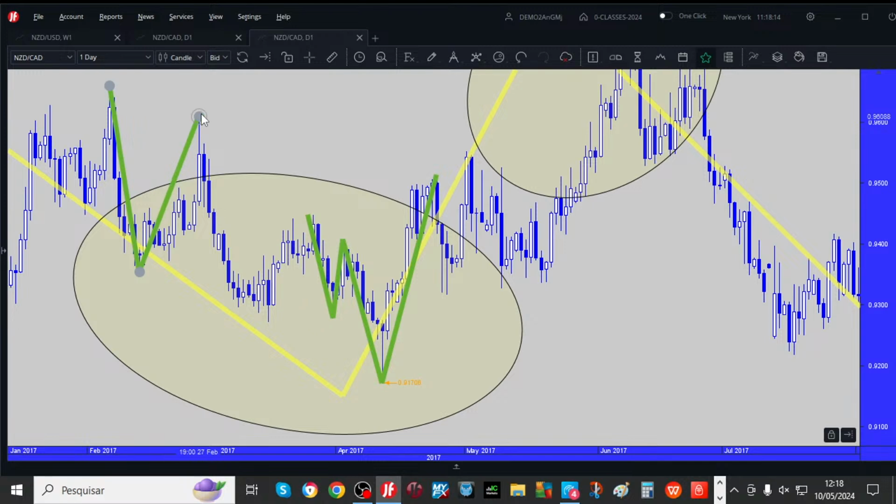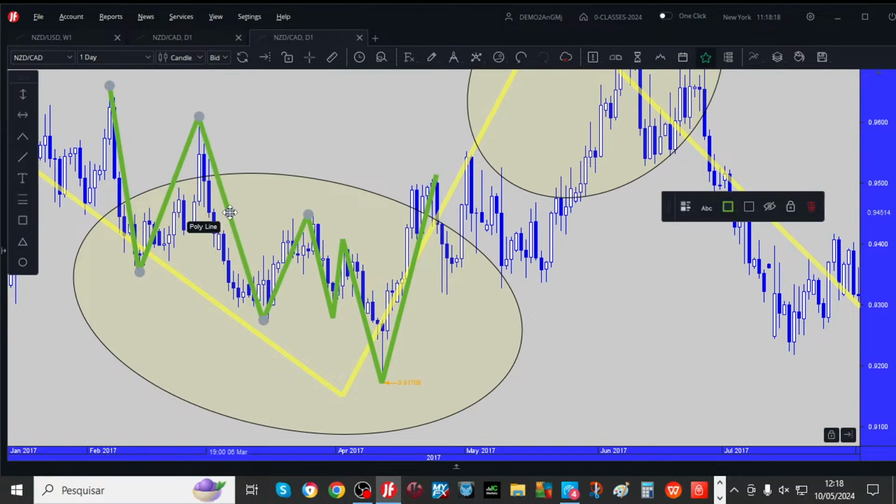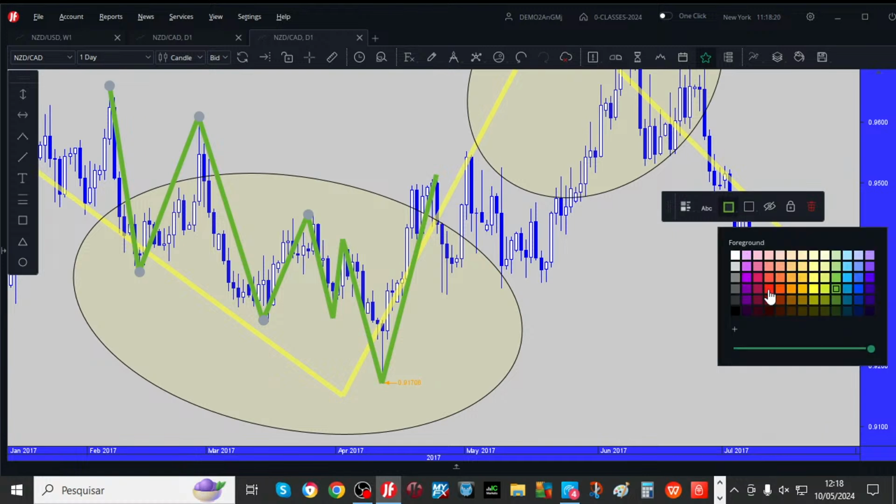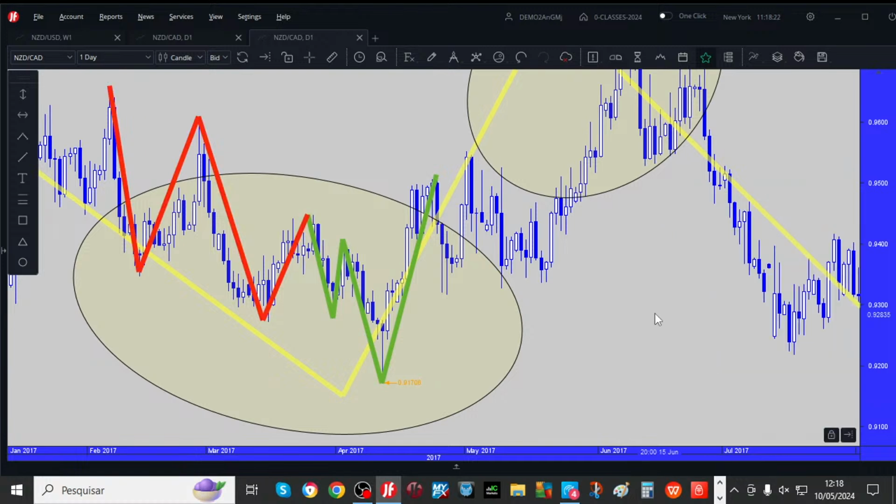High to low, low to high, high to low, low to high, whatever, right? Something like this. And then, bam, the market made a higher high. Do we have a bullish crown? Don't worry, I have a 20 seconds delay in the chat.